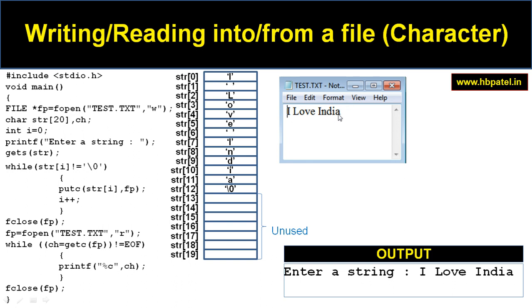But after a, the last character is EOF. When this last character is read, EOF not equal to EOF is false, and it will come out and close. By that time you will get I love India in the output. This is how you can handle an entire string and put all those characters one by one into the file.